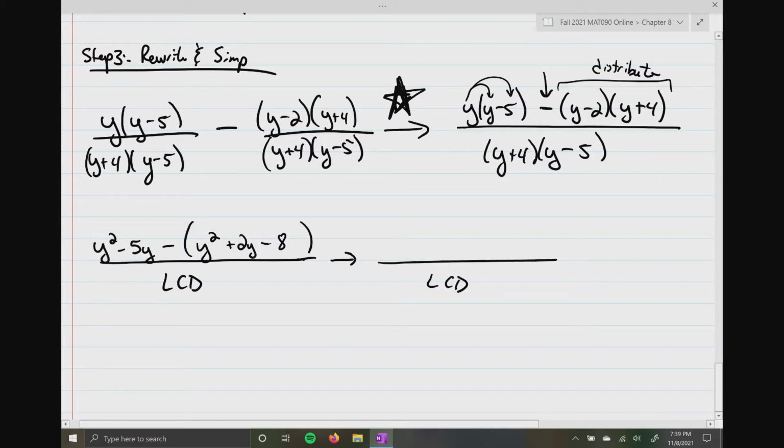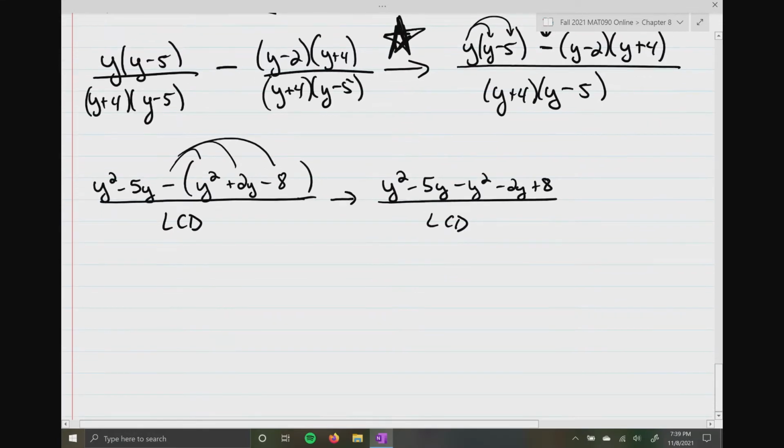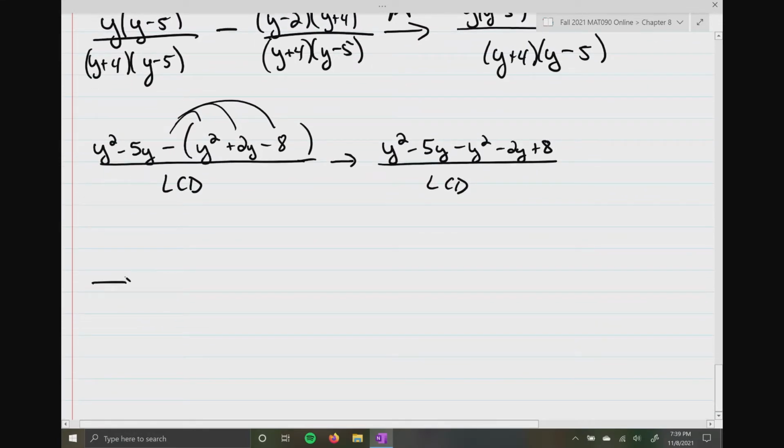And now I'm going to distribute the negative symbol. So this is going to give me y squared minus 5y minus y squared minus 2y plus 8. Now I group any like terms that I can. So y squared minus y squared, that goes to 0.